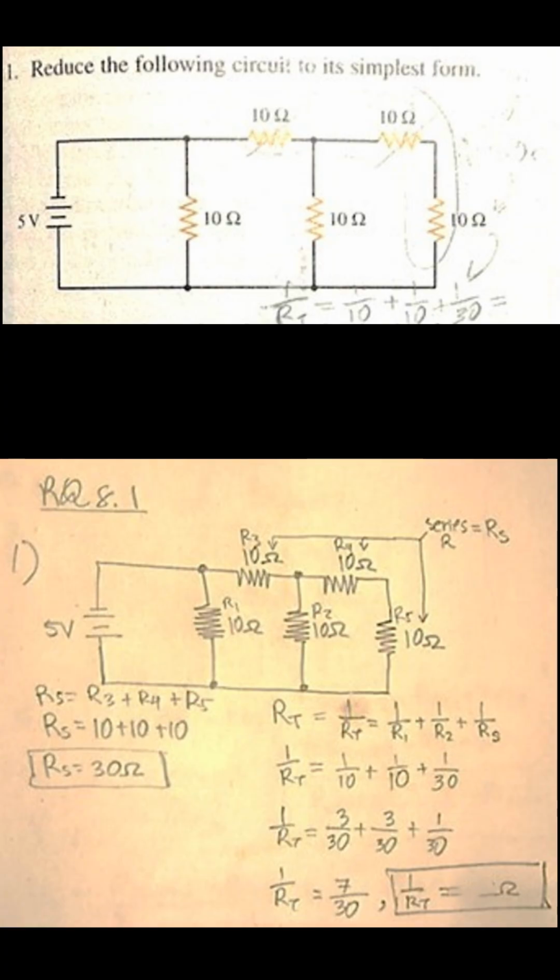So we can say 1 over RT equals 1 over R1 plus 1 over R2 plus 1 over R5. In this case being 1 over 10 plus 1 over 10 plus 1 over 30. When you add that, you get 7 over 30, or 7 divided by 30. However, remember that we must get the reciprocal of that, and the reciprocal of that is 4.28 ohms.